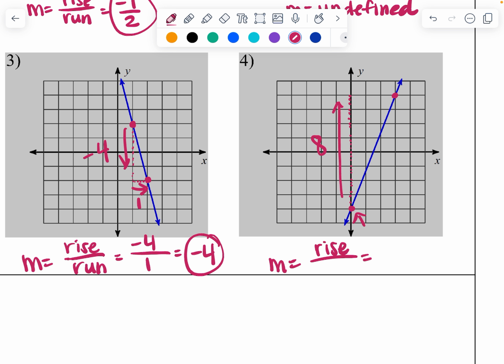So that's going to be +8 for my rise. And then I have to go to the right 3. Again, that's +3 because I'm going to the right. So my run is 3. So my slope is 8/3.